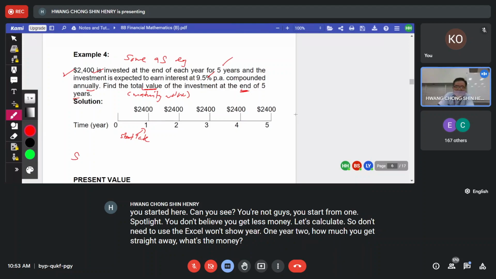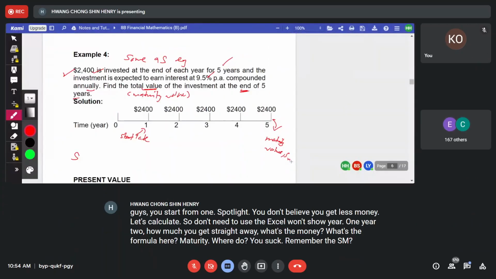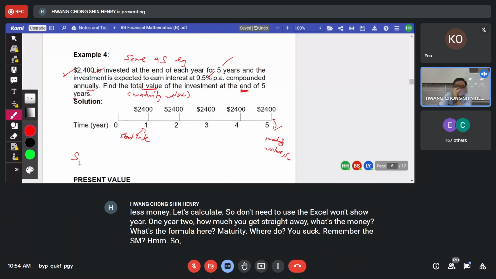What's the formula here? Maturity value. We use what? Remember the SN? So what's the formula? Here, late.